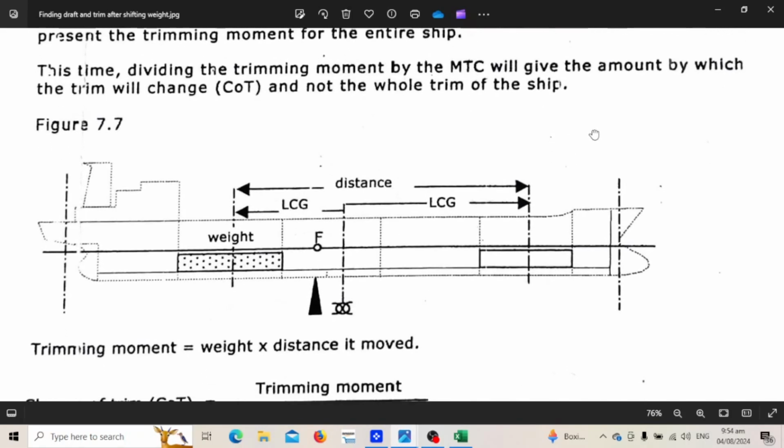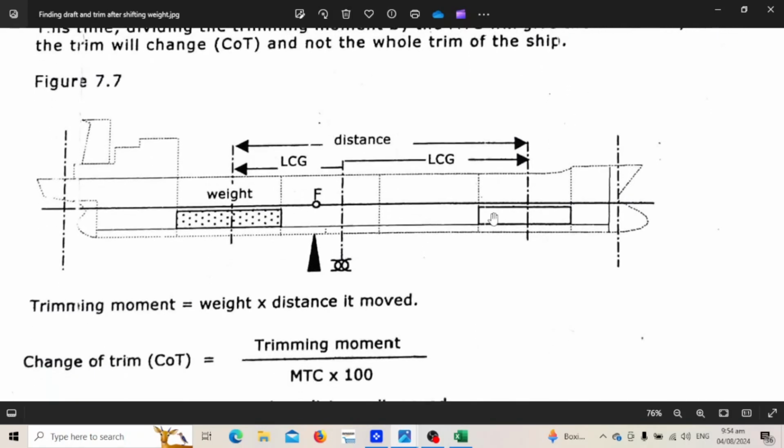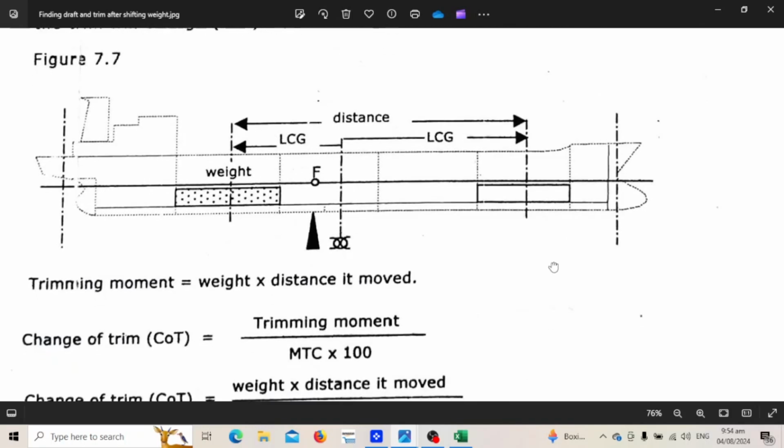Okay. So in this figure, let's say this is hold number 2, this is hold number 1. The distance between the center of hold number 2 and the center of hold number 1 will be your distance. And this is our center of flotation.